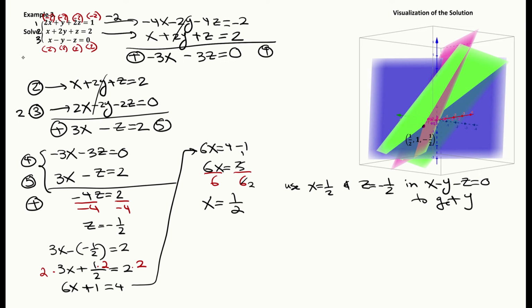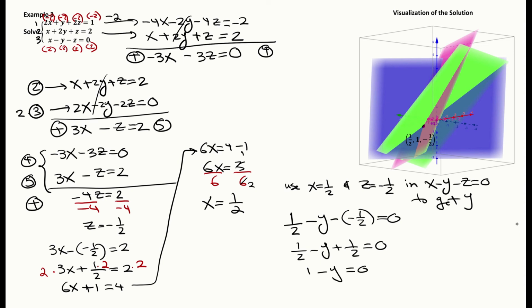So we're going to end up with 1/2 instead of x, minus y, minus negative 1/2 instead of z, and that should all equal 0. So I get 1/2 minus y plus 1/2 equals 0. So 1/2 plus 1/2 gives me 2/2, which is 1, minus y equals 0.